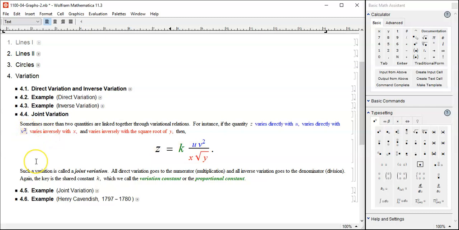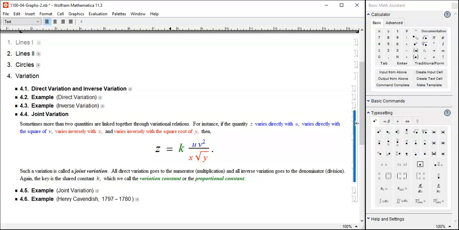And also, instead of directly with v squared, it's more likely the problem will say varies directly with the square of v, so that you'll have to understand what it means by the square of, and put the square here.